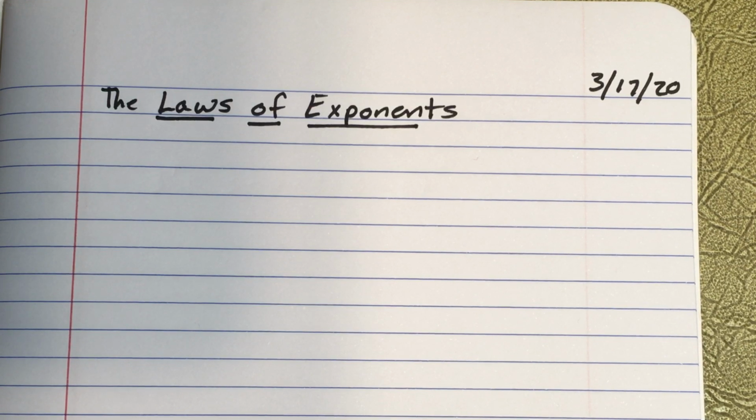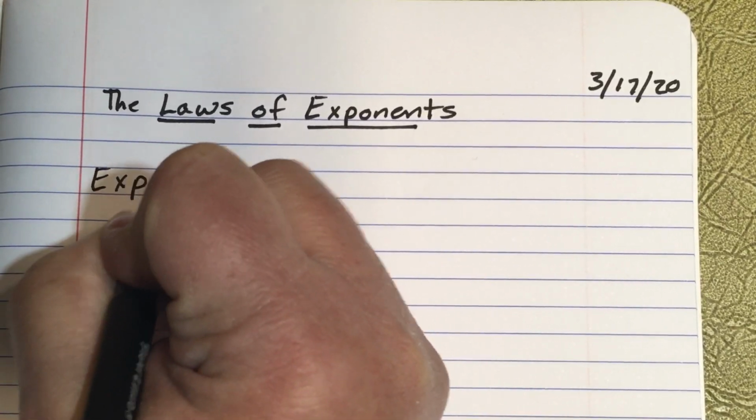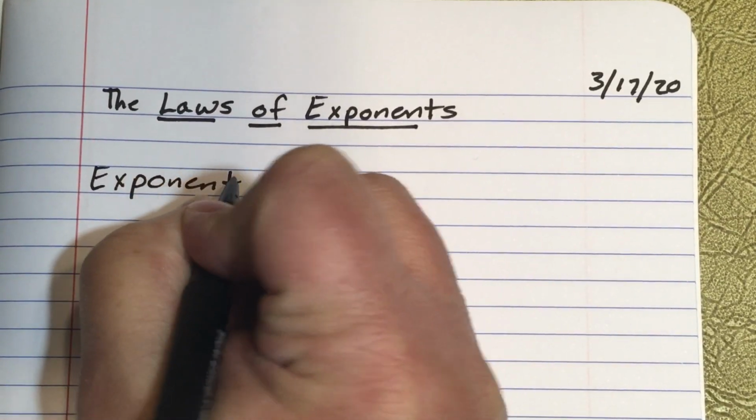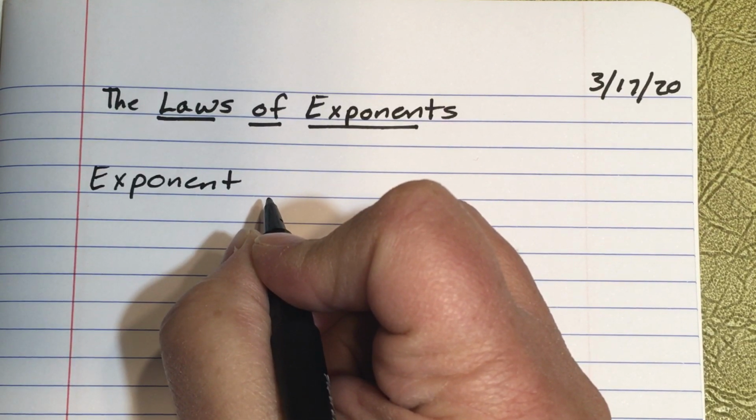Vocabulary first. An exponent is a number that tells you how many times to use the base as a factor.